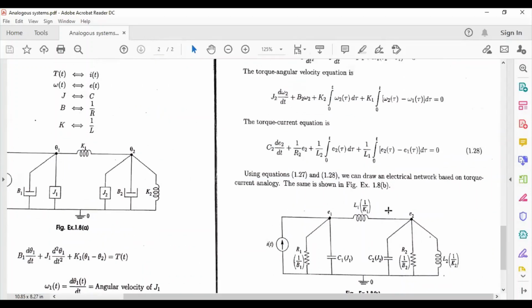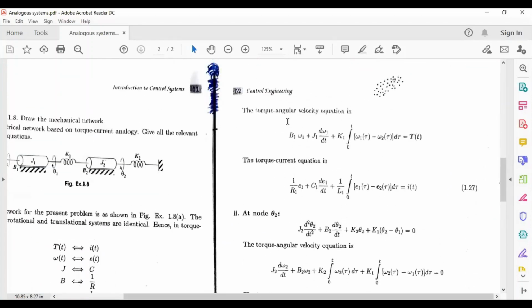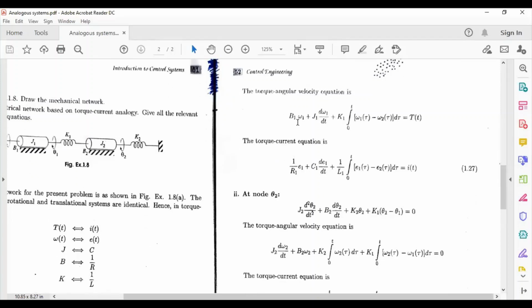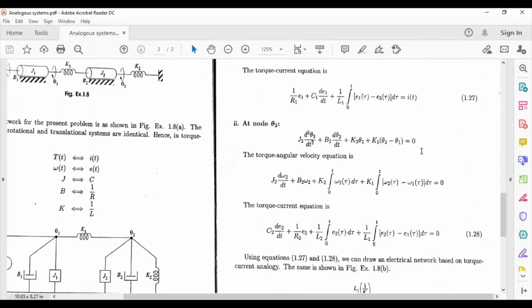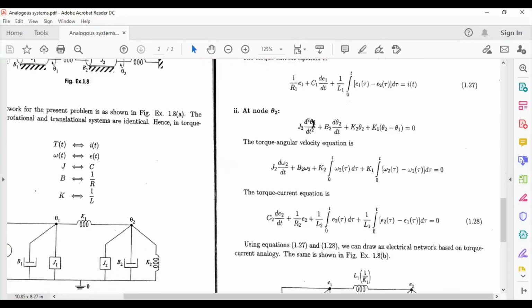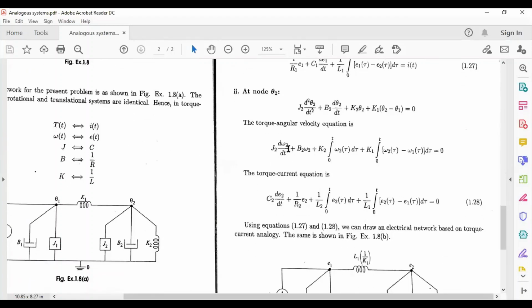Once you replace with angular velocities, you will have this final equation. In this final equation for torque current, what all elements should be replaced? You replace those elements and keep the final electrical equation for node 1. Then the second node equation, the mechanical equation, goes like this. Then replace it by angular velocity. Then compare this table with this equation and replace all the elements.